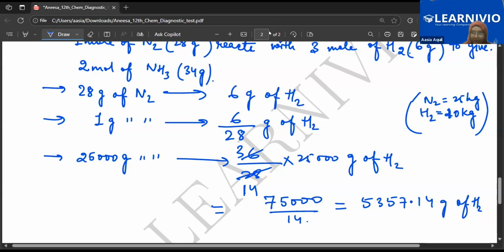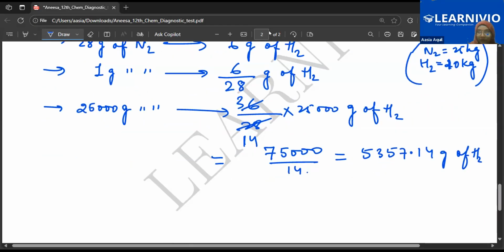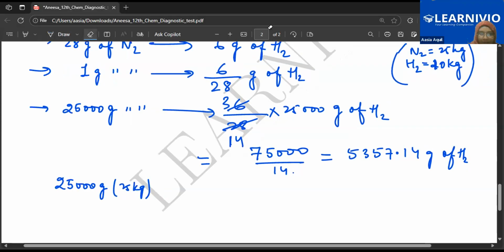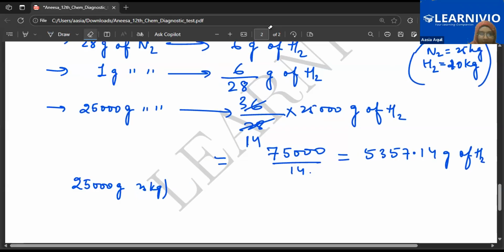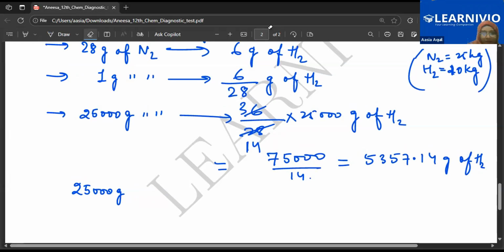5357. Now see, here's the point. According to the calculation, 25,000 gram means 25 kg. According to the question, 25 kg. If you don't write it, it's okay, because it's known that 25 kg equals 25,000 gram, because we have converted this. 25,000 gram of nitrogen is giving 5357.14 gram of hydrogen.